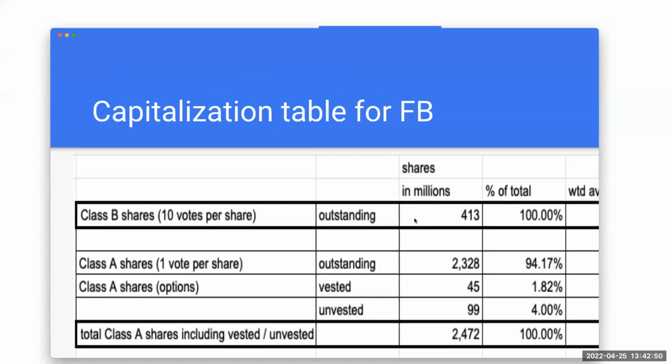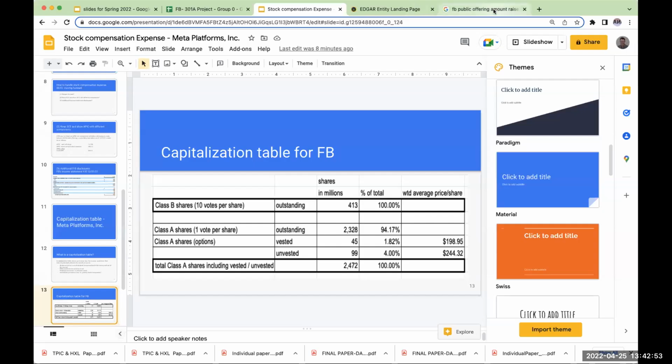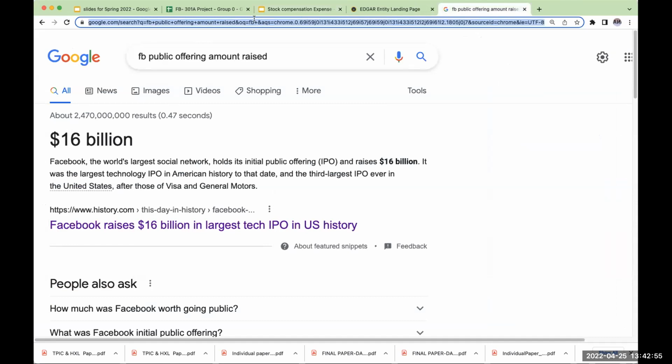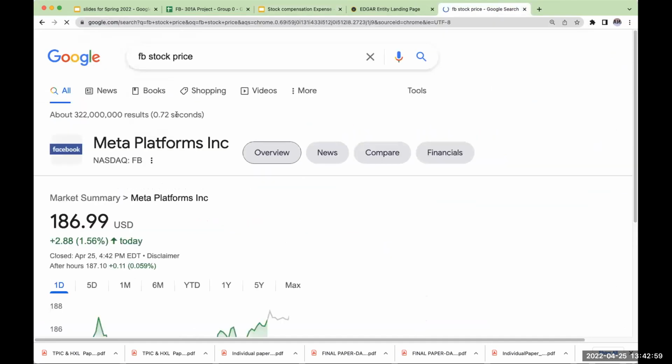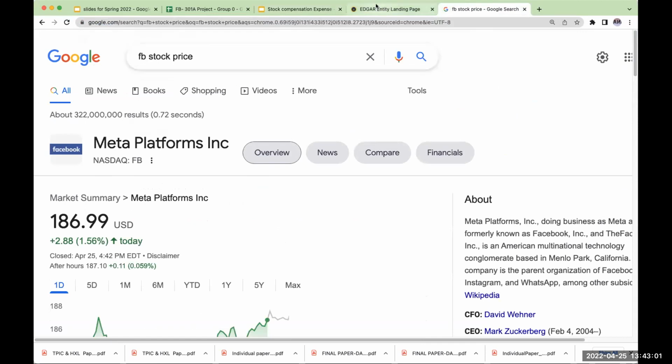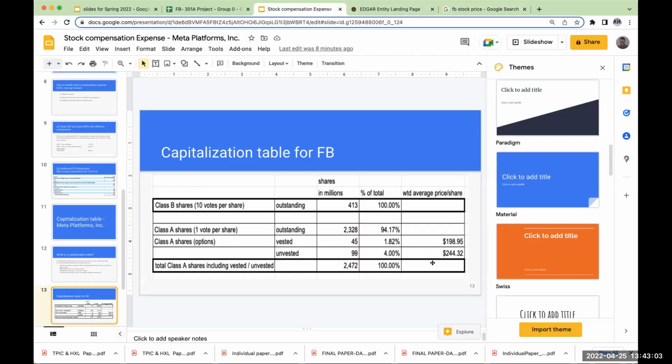And the reason why that strike price is so important is that if we type in Meta Platforms stock price, right now it's at 186.99. If I look at this over here, both the average price per share figures are out of the money.